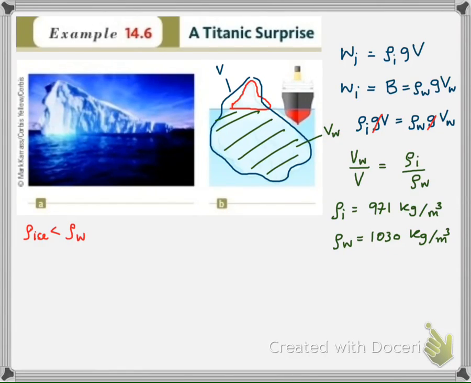So it means that V_w over V is equal to 921 over 1030, which is equal to 0.890.